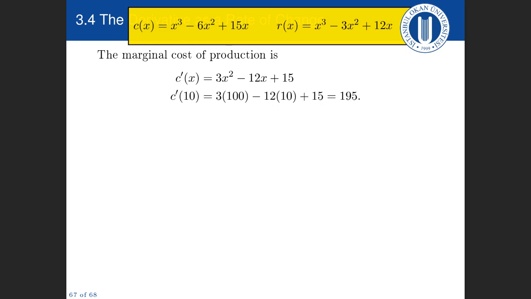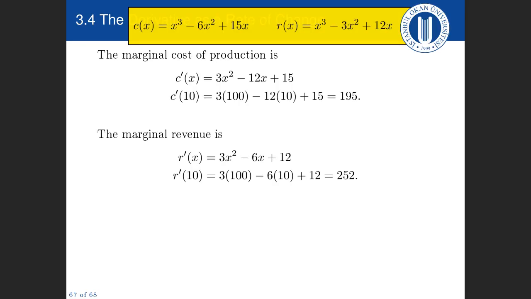C prime of x is 3x squared minus 12x plus 15. So C prime when x is equal to 10 is 195. And the marginal revenue is the derivative of R, so 3x squared minus 6x plus 12. R prime at 10 is 252.